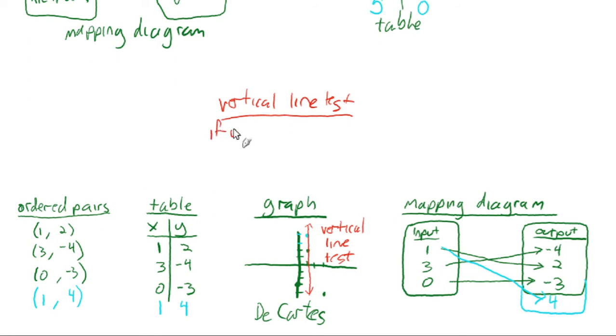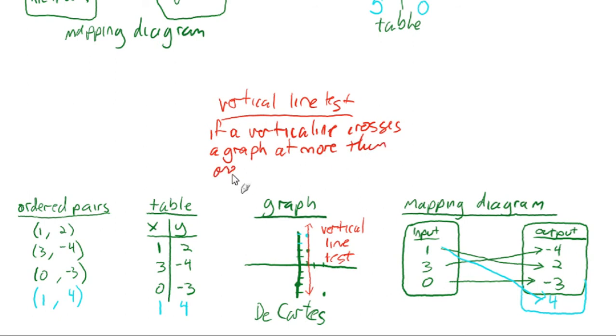If a vertical line crosses a graph at more than 1 point, then the graph does not represent a function.